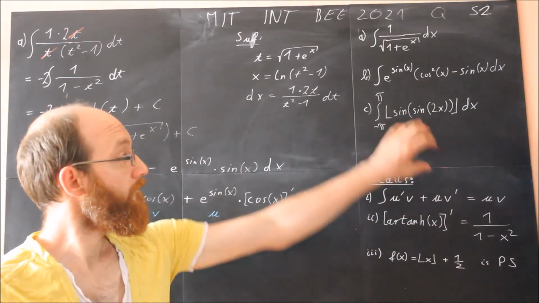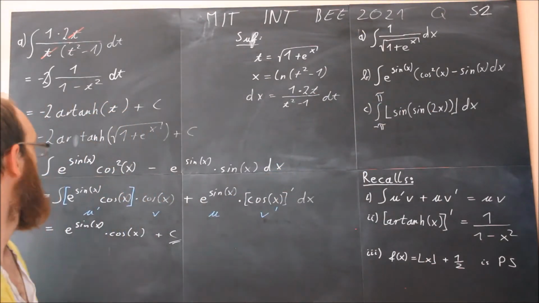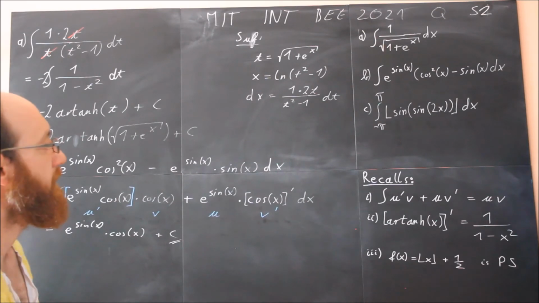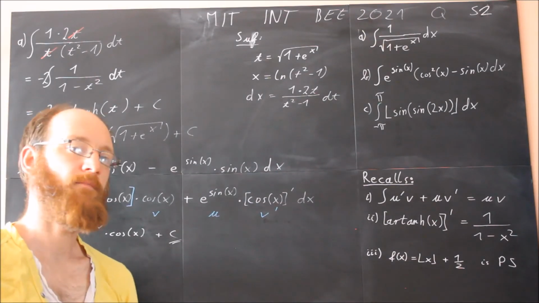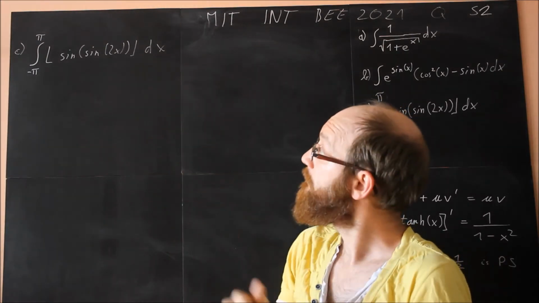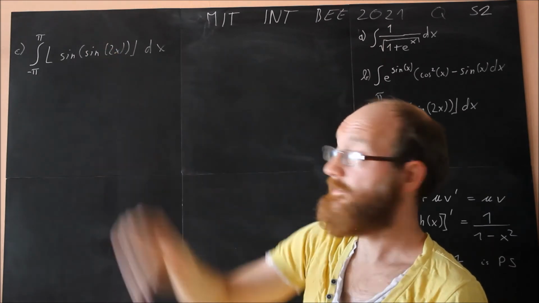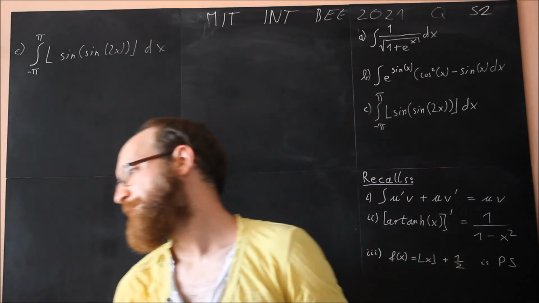And now we come to the third integral, and I guess I clean up the board and come back. Now we can go on with the third integral, this floor of the composite sine functions.